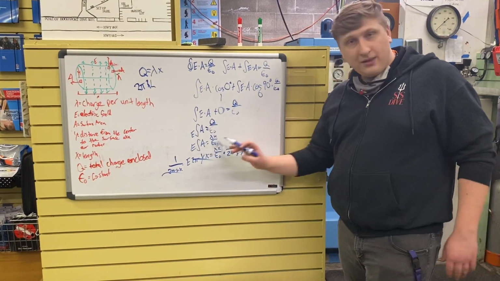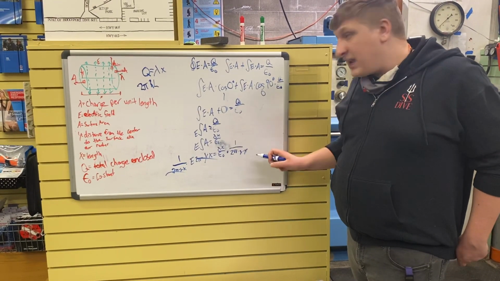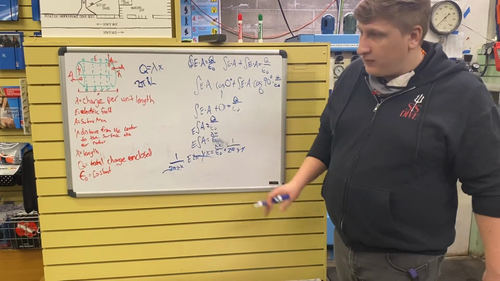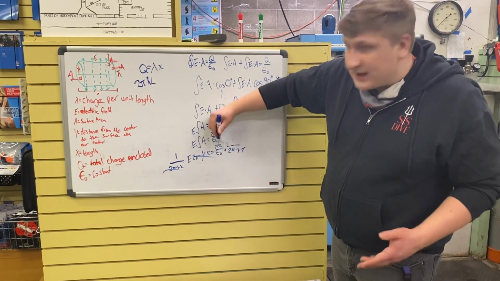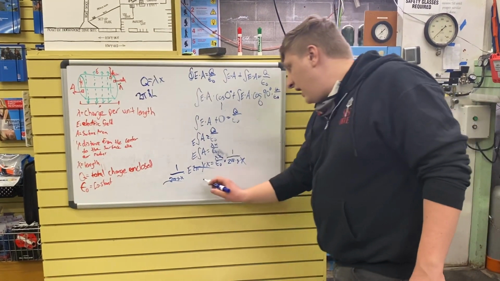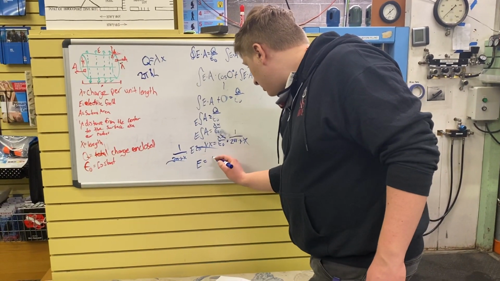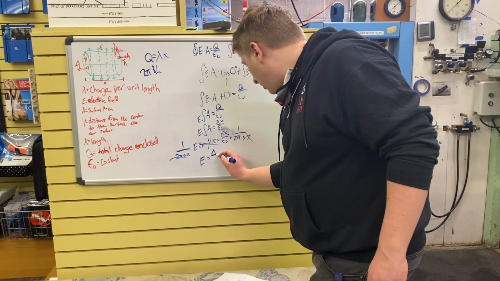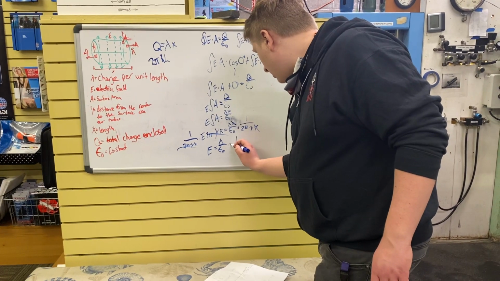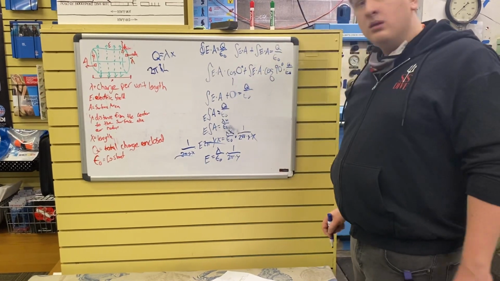Now, since we have this on this side now, we can get rid of these X's, because it's just multiplication for a fraction. So, we're just canceling out these X's now. So let's get rid of this X, let's get rid of that X. Now we have E, the electric field, equals lambda over epsilon naught times 1 over 2 pi times Y. That's basically it.